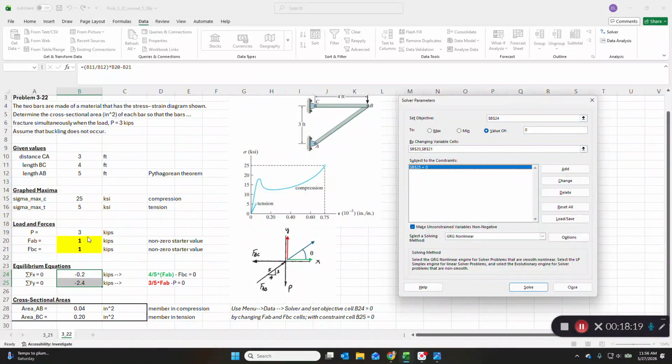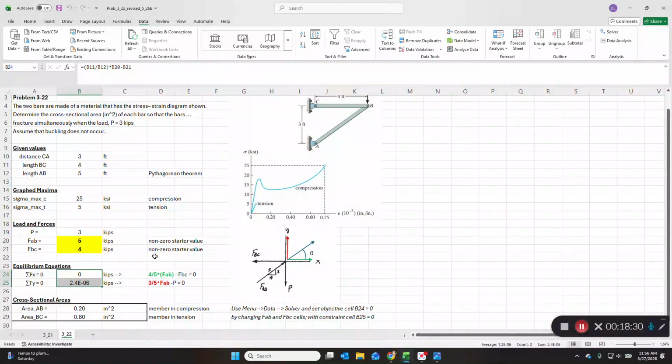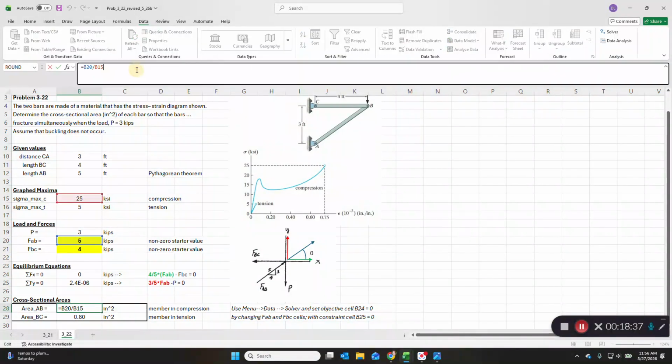They don't, because our values of F_AB and F_BC are dummy values. They're just 1 right now. We're going to calculate what they really should be, solve, and then Solver will give us their actual values of 5 and 4. And then we can calculate the cross-sectional areas by simply dividing the force by the associated stress.